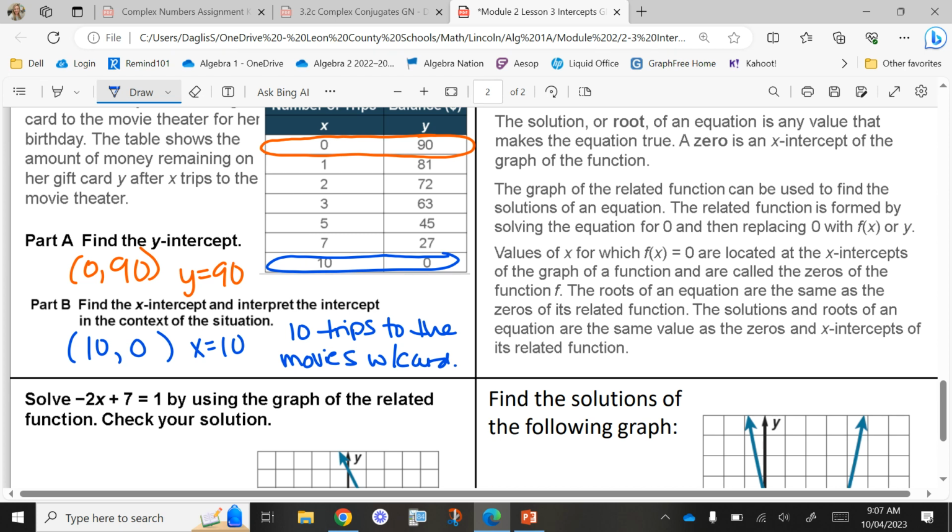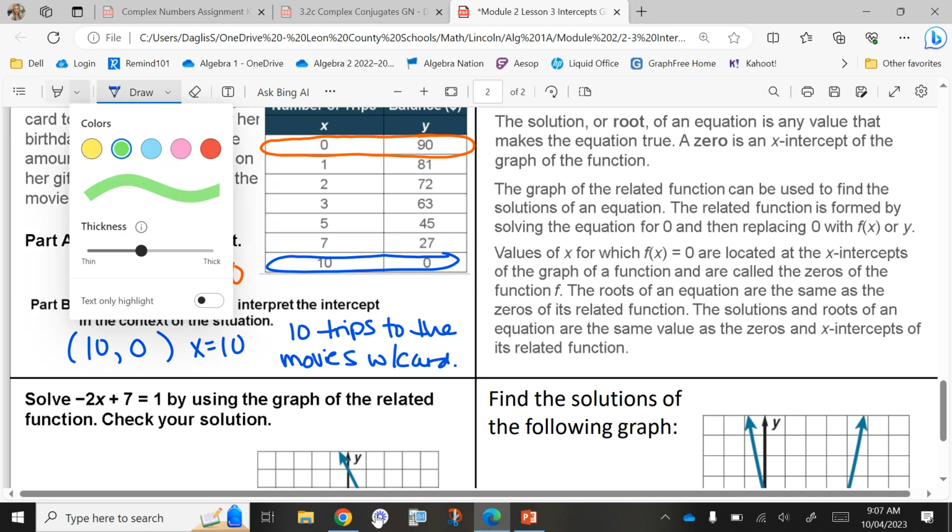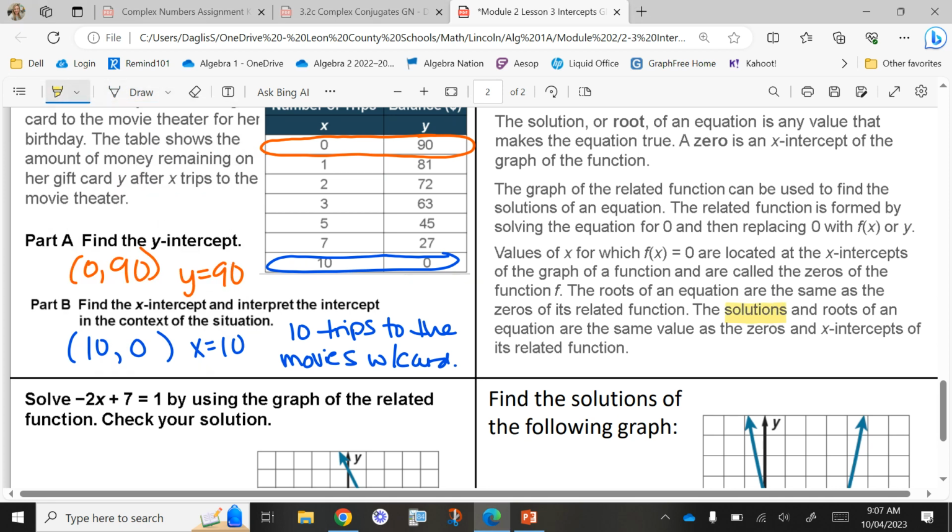That is a whole lot of words to tell you that these words all mean the same thing. Solutions, roots, zeros, and x-intercepts. Okay? It's 4 different ways to ask you for the exact same thing.